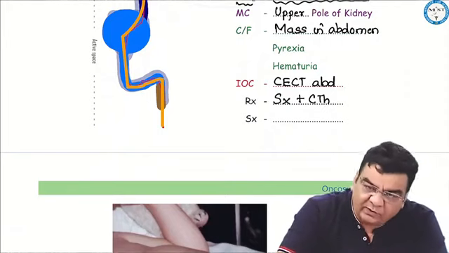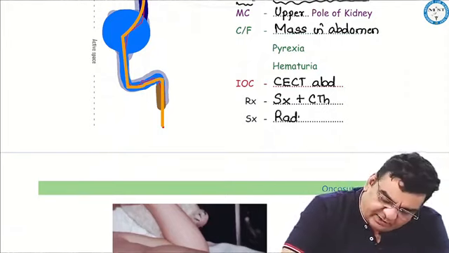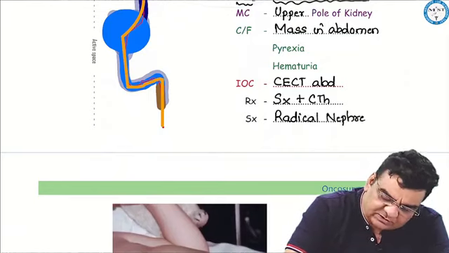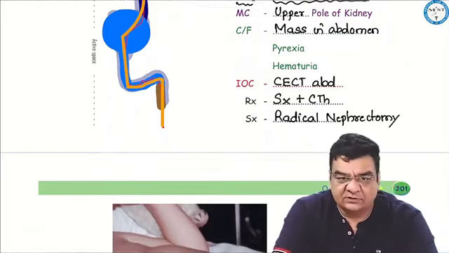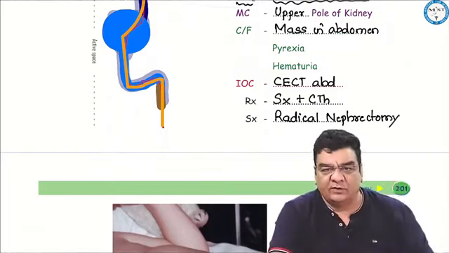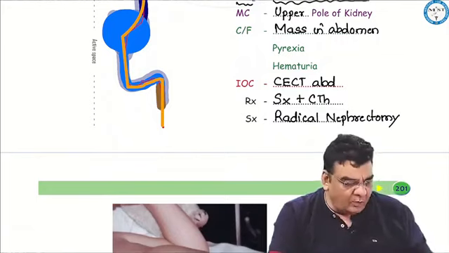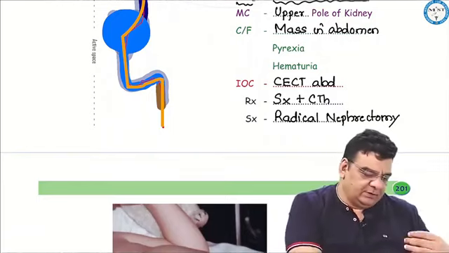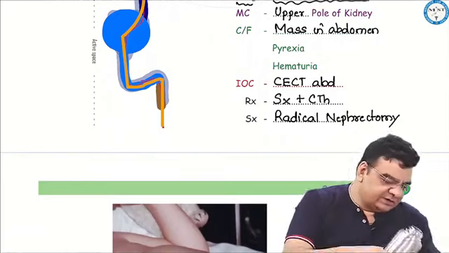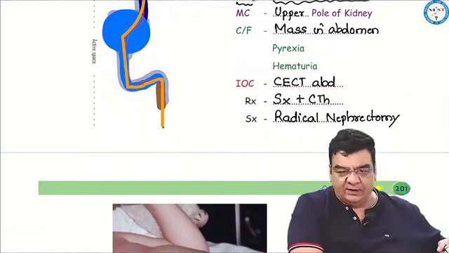The surgery we are doing for Wilms tumor is a radical nephrectomy. We remove the kidney along with the lymph nodes. So that is what we are doing for Wilms tumor. How many kidneys are there in our body? Good. So if one kidney is developing this, then you can remove that particular kidney.